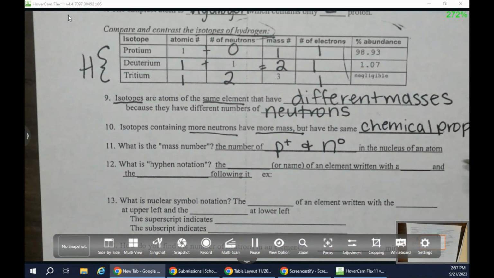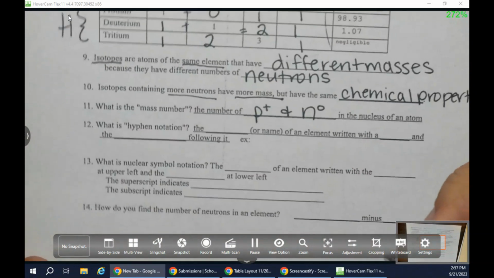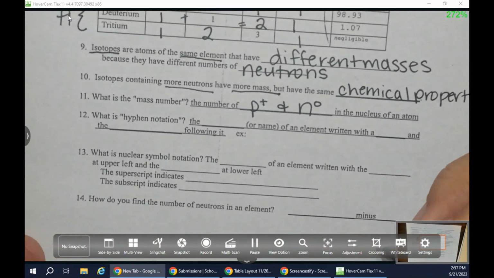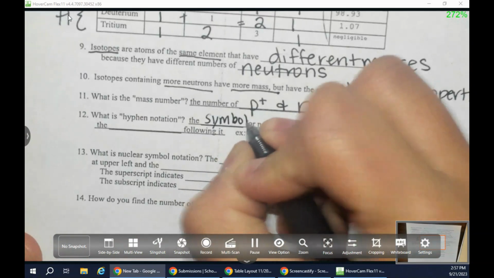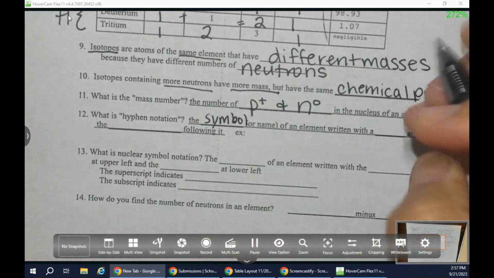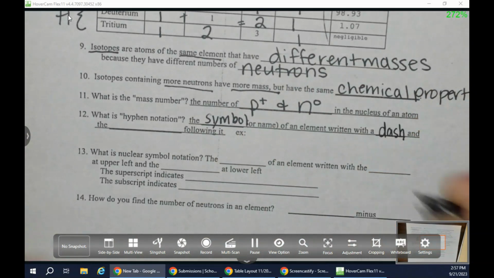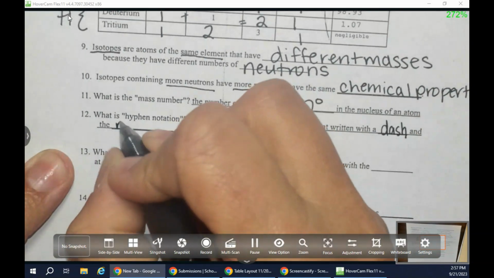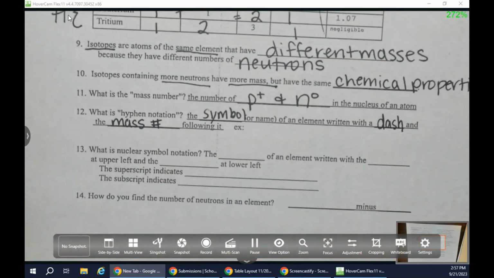All right, so what is hyphen notation? What this is going to look like is you're going to use the symbol, the chemical symbol or name of an element written with a dash and the mass number following it.